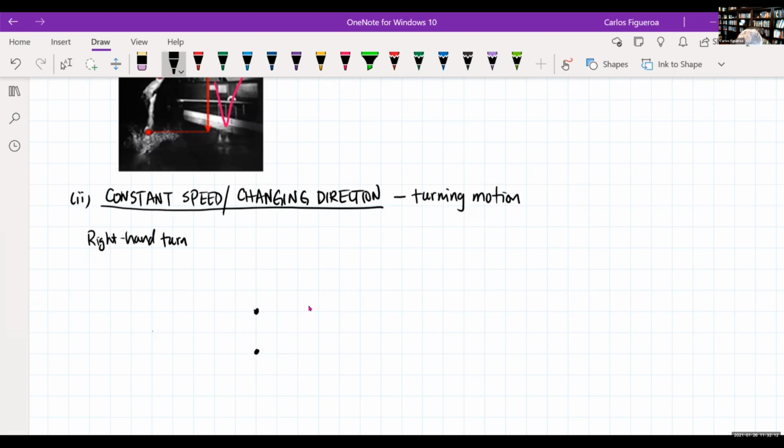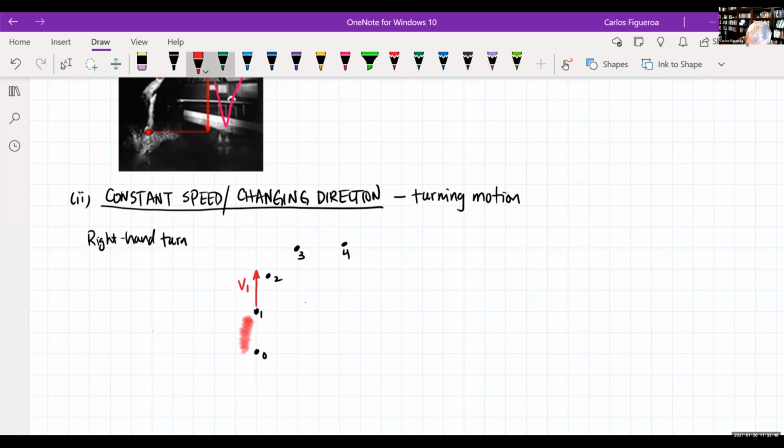But now what happens? I'm changing my direction slowly here. So I'm trying to have equally spaced dots, and now I have to think about my interval. If this is my interval right here, and I label this 0, 1, 2, 3, 4, then at this point my velocity must be in that direction.